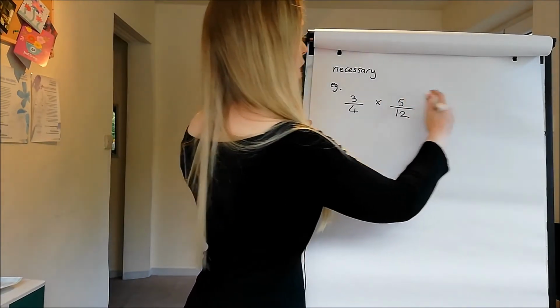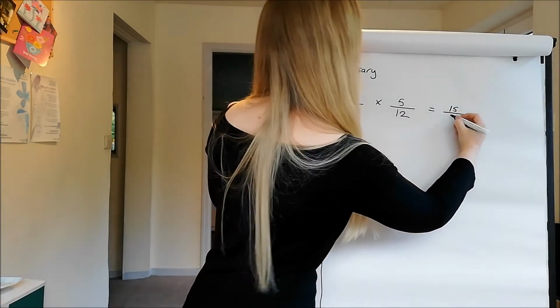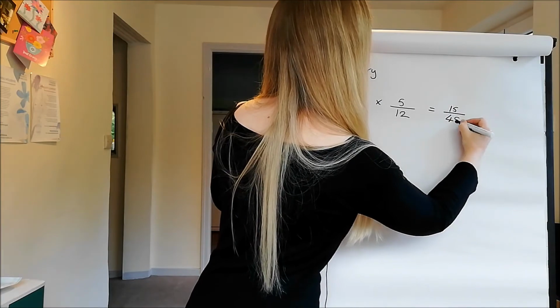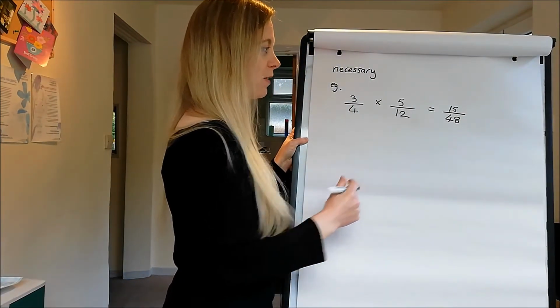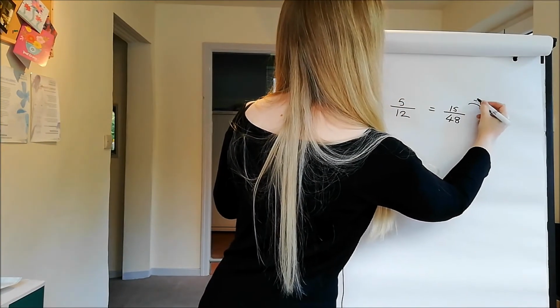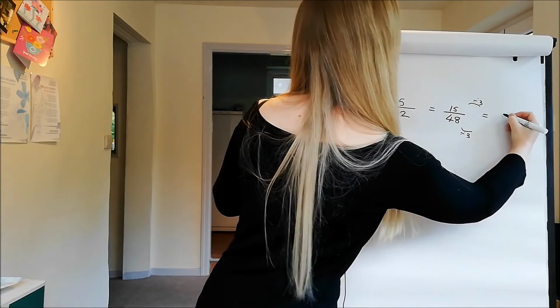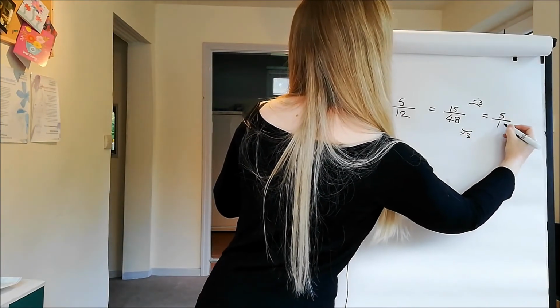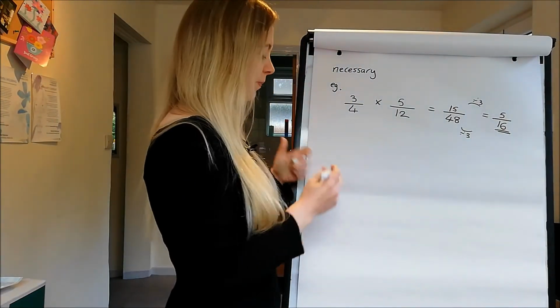You just times the top numbers together, times the bottom numbers together. And then in this case, that fraction will cancel because each of those will divide by 3. So I'll divide the top by 3 and I'll divide the bottom by 3 to give me 5/16, which would be my final answer there.